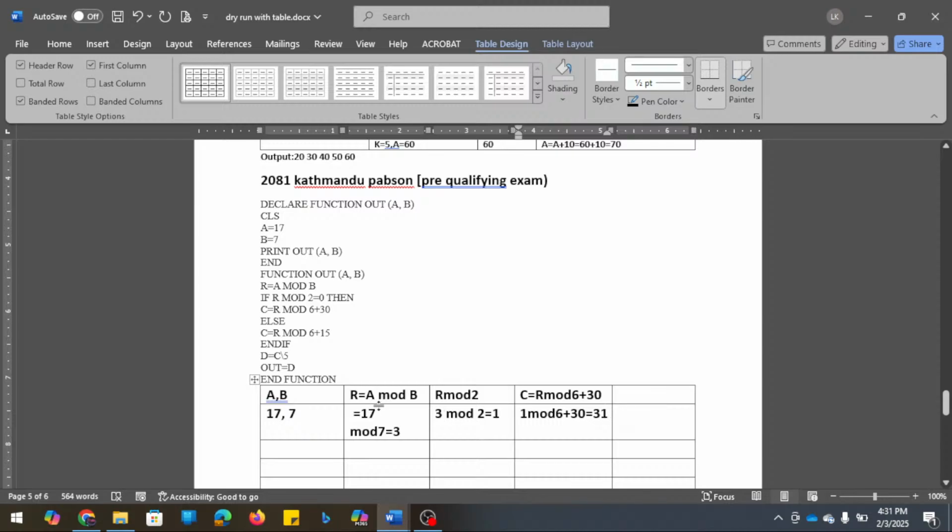Okay, let's see here. R equals to A mod B, A mod B, that is 3. So is R mod 2 equals to 0? If it is 0, R mod 2, R is 3, so it is not 0, so that is else part.